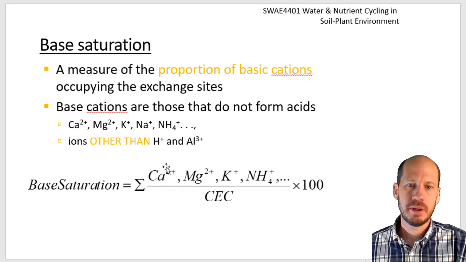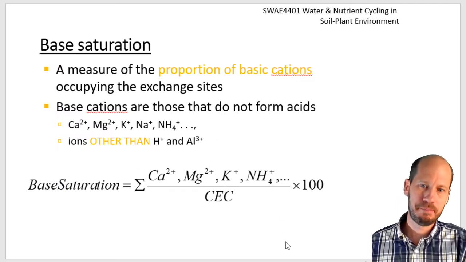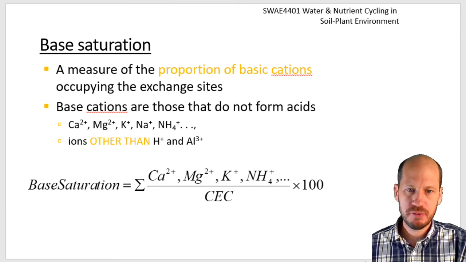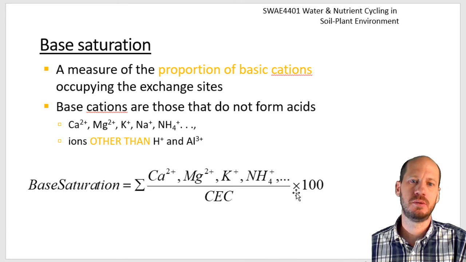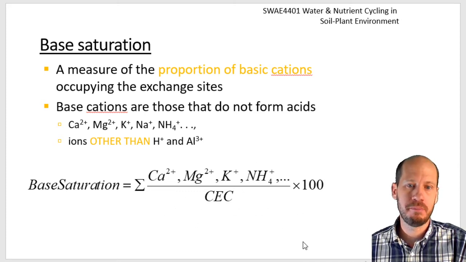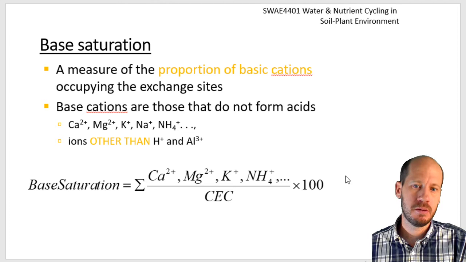The next concept is base saturation. You have two types of ions on the soil: you have bases and you have acid cations. You have hydrogen, aluminum, and iron. They are acid cations, whereas all the other cations are bases. Why do we classify them like that, as bases or acid cations?